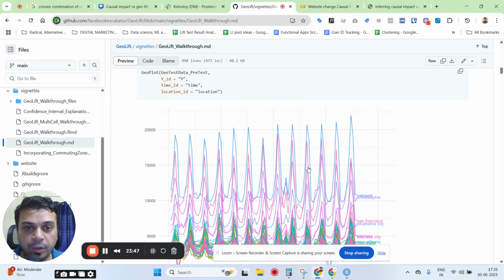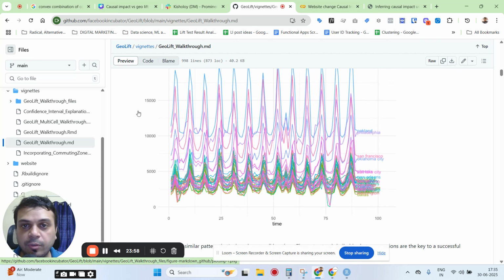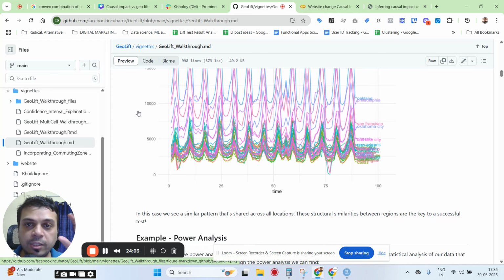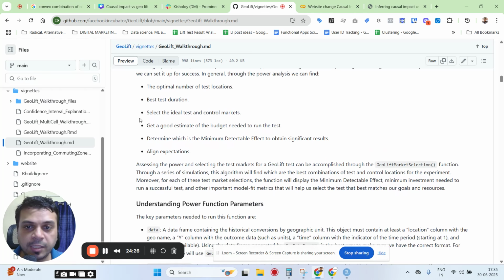If the geos are very different in characteristics, and they are not peaking at similar times, it means there's a lot of difference among the geographies, and you can't really do a proper GeoLift test, because the whole idea is to choose a set of control geos that will be very similar to your test geo or geos. But that depends on what your data suggests, how similar the distribution is. The next part is the power analysis.